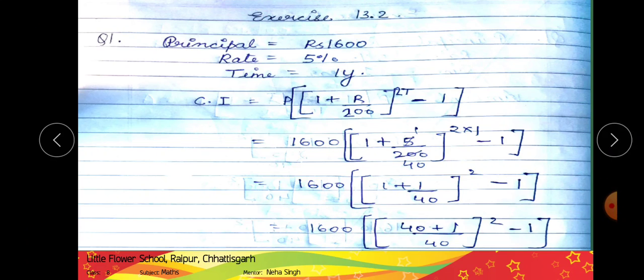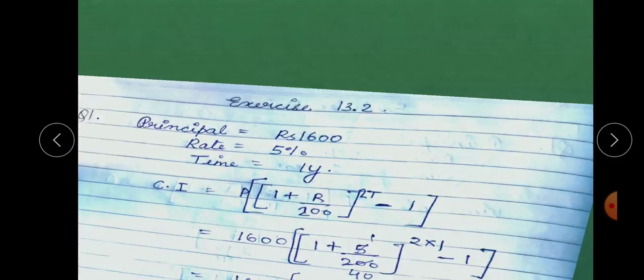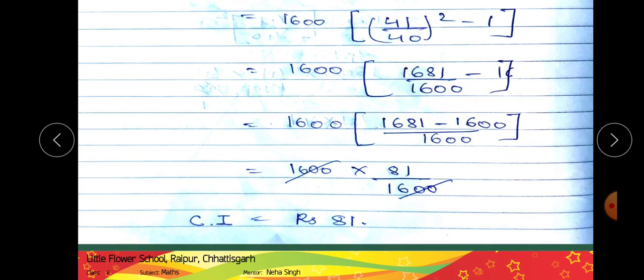Now 1600 will multiply, cross multiply, or we can also say we'll take the LCM. 40 into 1 is 40, 1 into 1 is 1, upon 40 power 2 and minus 1, right? So here 1600 into 41 upon 40 whole square minus 1.